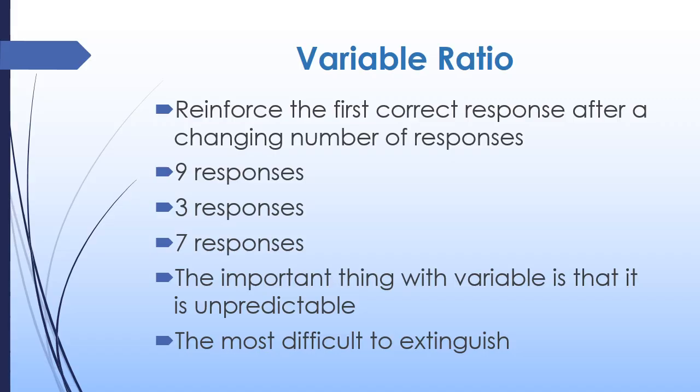They want you to stay on their sites as long as possible. That's their goal. And so if they set it up for a variable ratio, you are more likely to stay on their site longer. It's more difficult to extinguish because you keep thinking, oh, if I just look at one more screen, then I'll see something interesting. They know what they're doing.